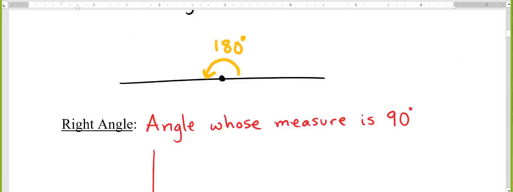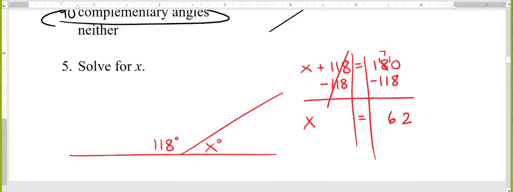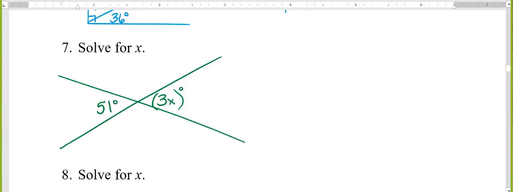So we're going to need that to set up our equation. What's our equation going to be? This angle, 51, is going to equal this angle, 3x. 51 degrees equals 3x degrees.